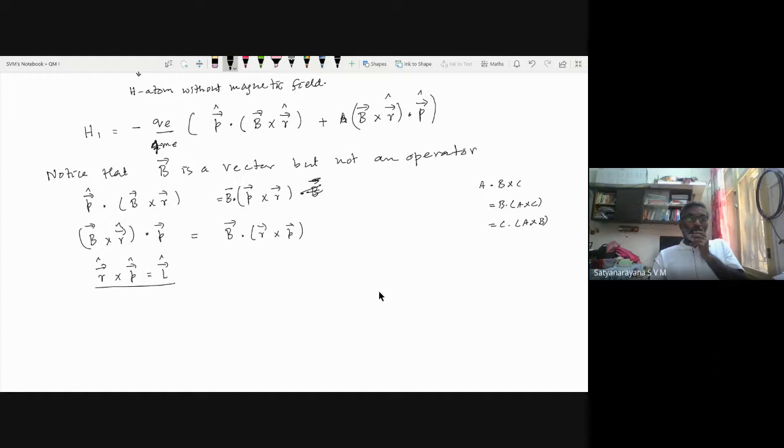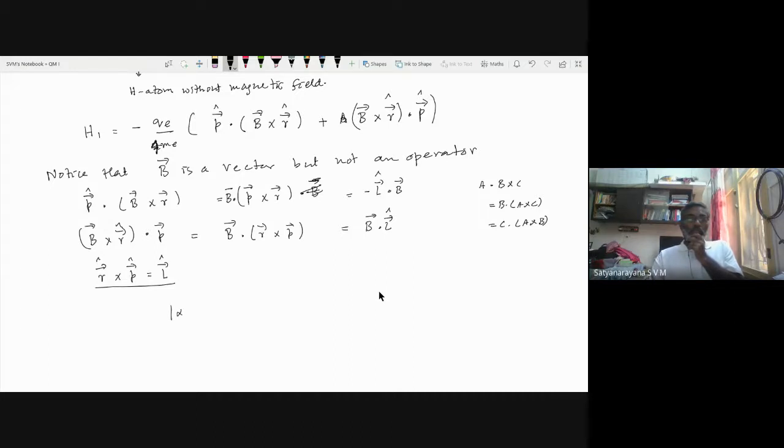But now you can see that, okay, I think I have to be careful because this is an operator. So this can be written as B dot L, and this I have to write as minus L dot B. But this is an operator.